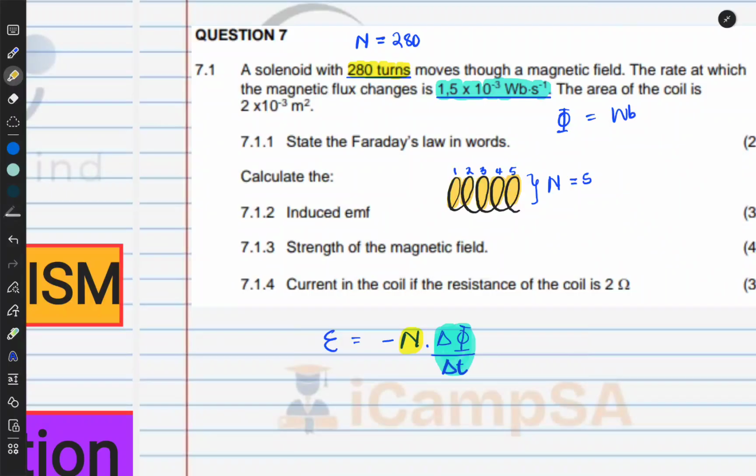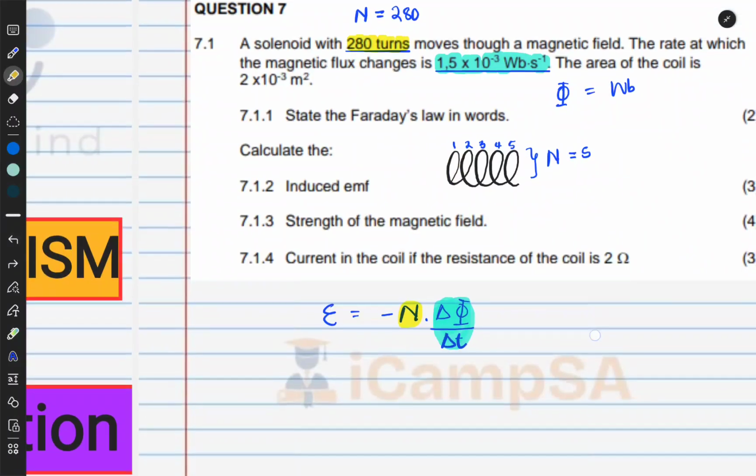Think of them as 280 circles, all having the same area. If you've seen a spring, there's no bigger ring in the spring. All of the rings are the same. Basically, a solenoid is similar to a spring in the way it is shaped. So yeah, that's what we have, right?